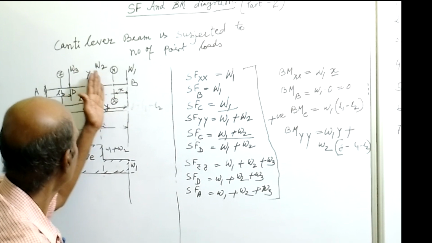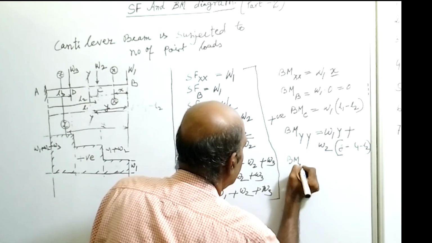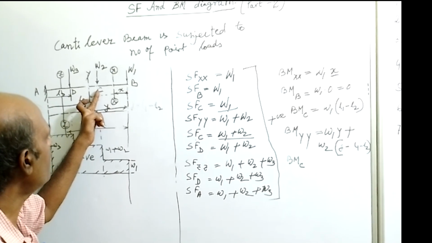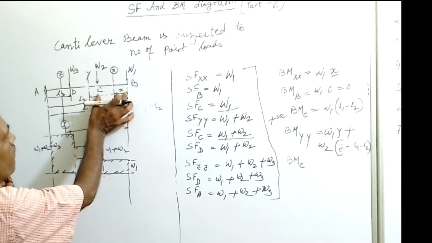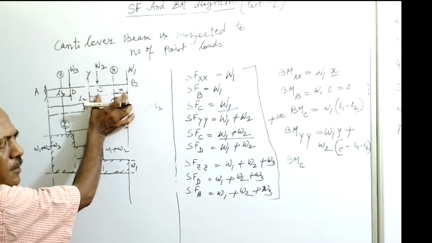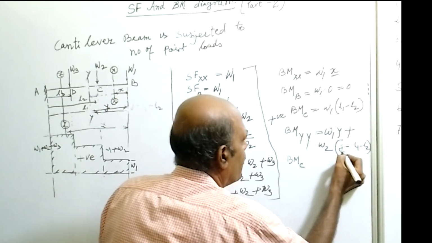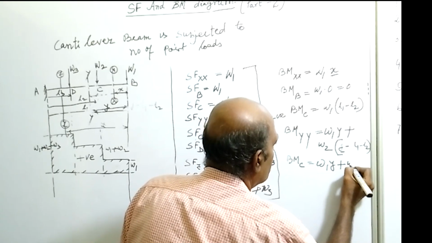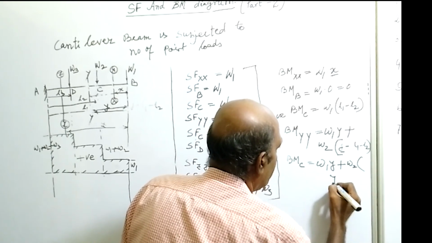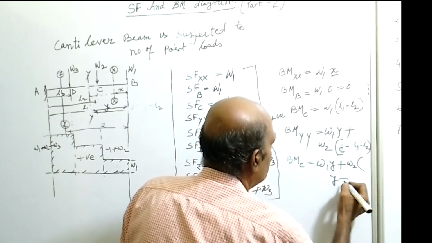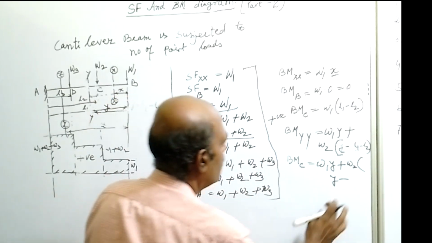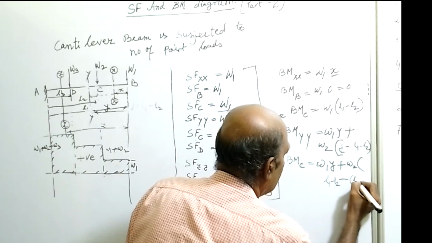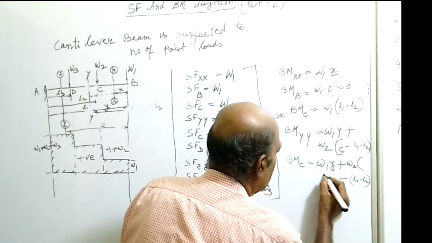Now slide the section to point C, so we will get the bending moment at point C. At point C the y value will be L1 minus L2. So y minus (L1 minus L2) gives L1 minus L2 minus (L1 minus L2), which will be 0.